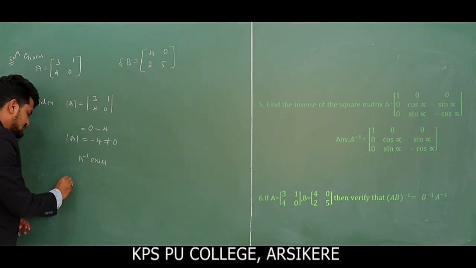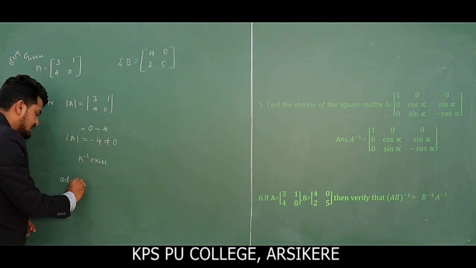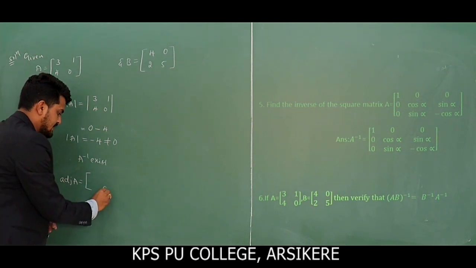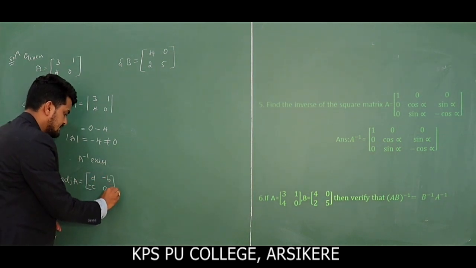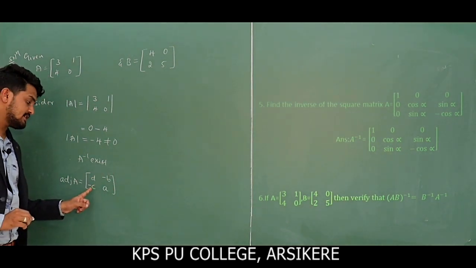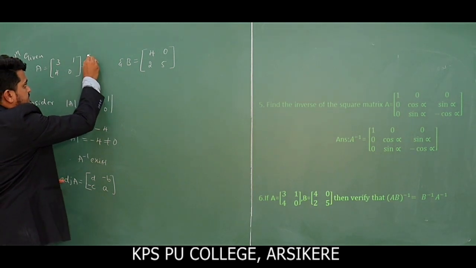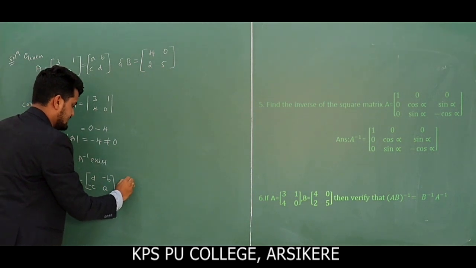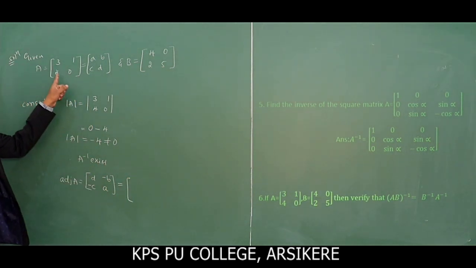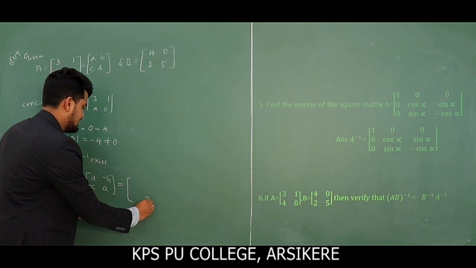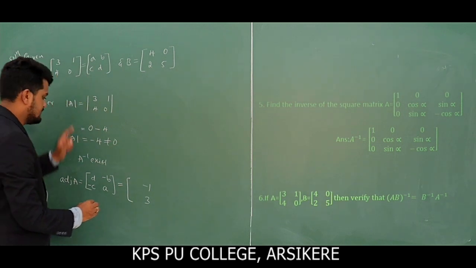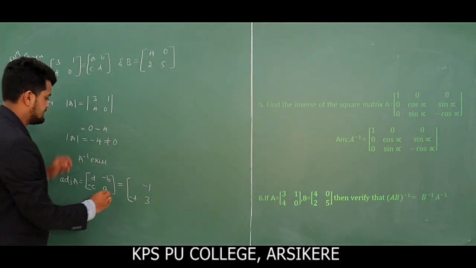You know that in case of a 2 cross 2 matrix, the adjoint A formula: for A B C D, the adjoint is D minus B minus C A. So A value 3, B value 1, C value 4, D value 0.